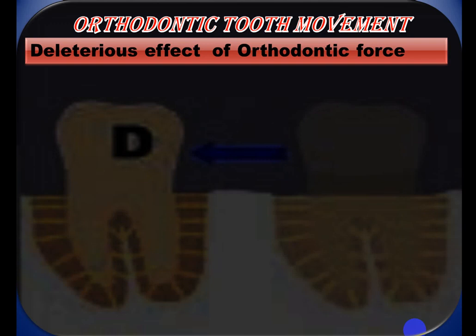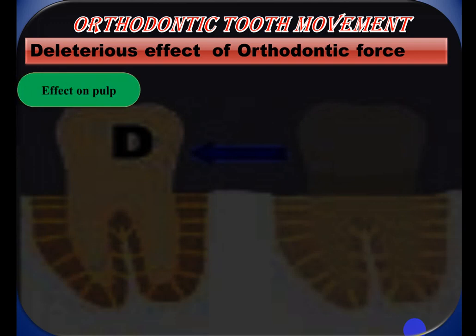And if it happens, which teeth will become more susceptible to this deleterious effect than others? So let us answer this question and explain whether the orthodontic force has any deleterious effect on the tooth.